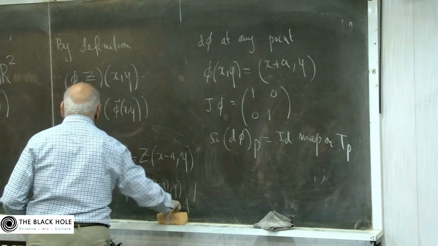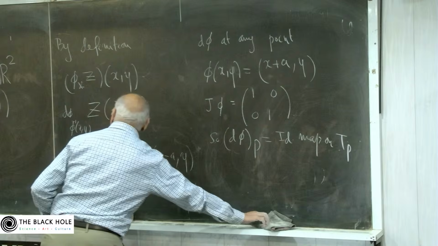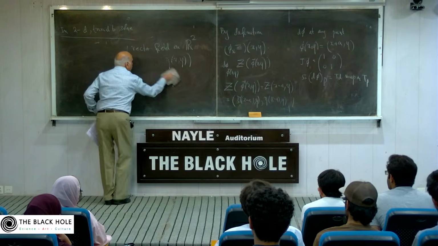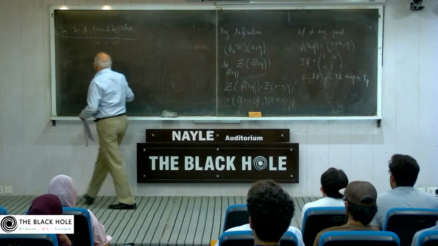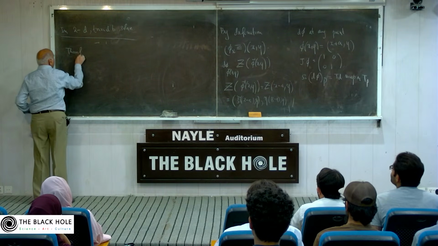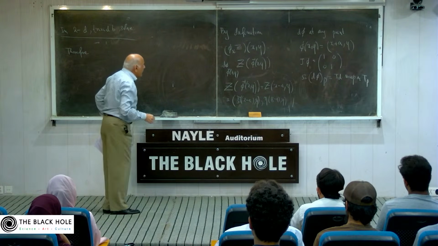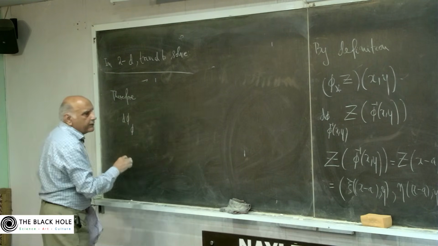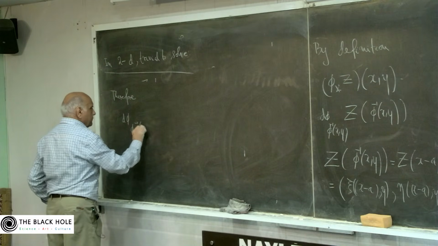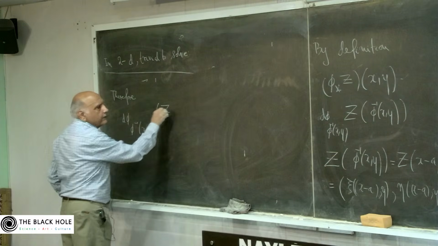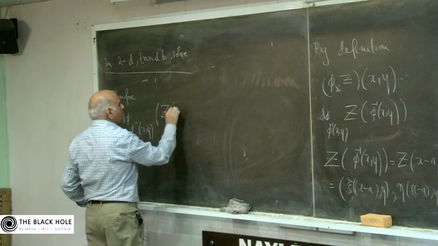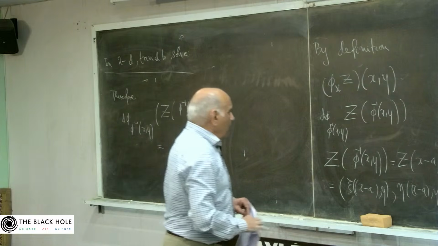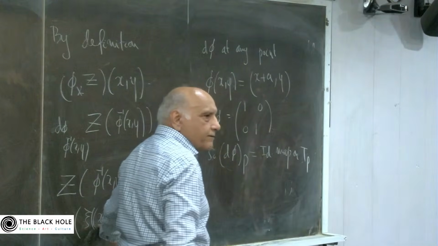Therefore the differential of phi at phi inverse of (x,y), evaluated at Z, is just the identity, right?